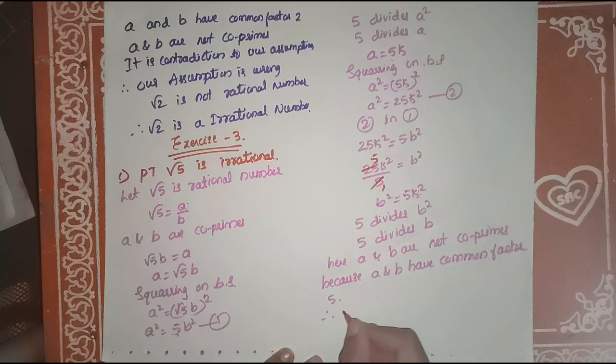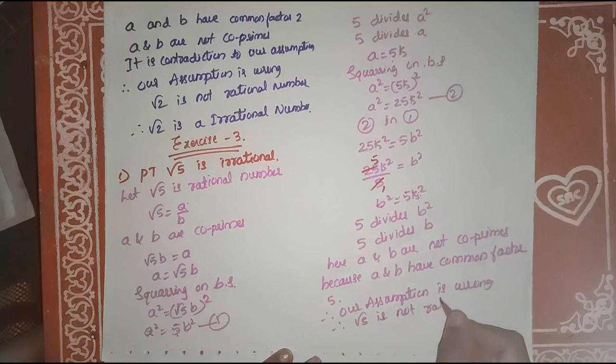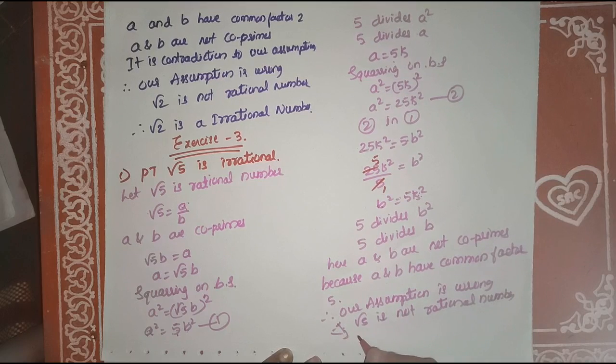So therefore our assumption is wrong. What was our assumption? Root 5 is a rational number, but it is irrational. Root 5 is an irrational number.